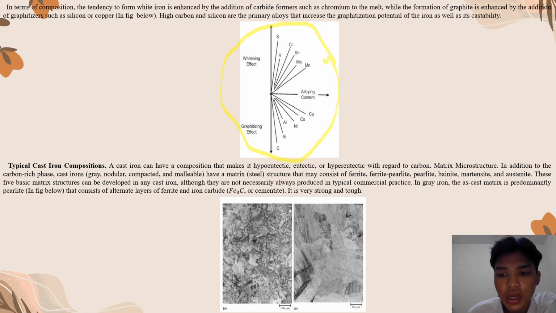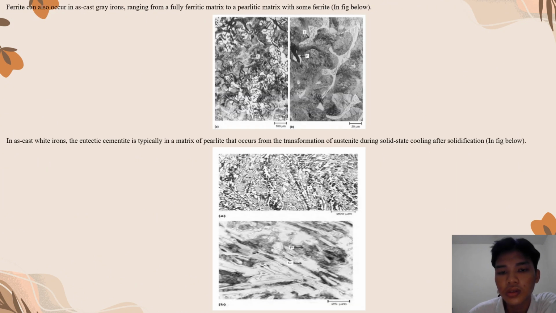In gray iron, the matrix is predominantly pearlite. In the picture below, the pearlite consists of alternate layers of ferrite and iron carbide, or Fe3C, or cementite. It is very strong and tough.